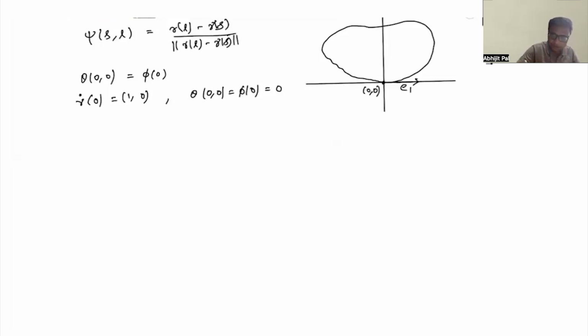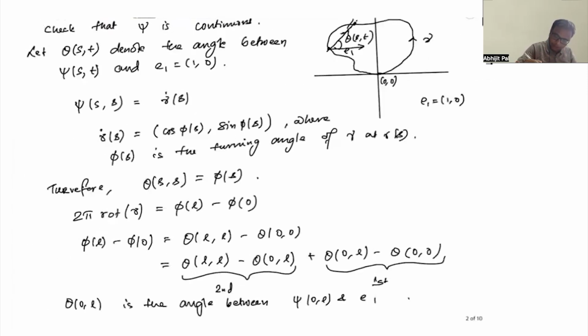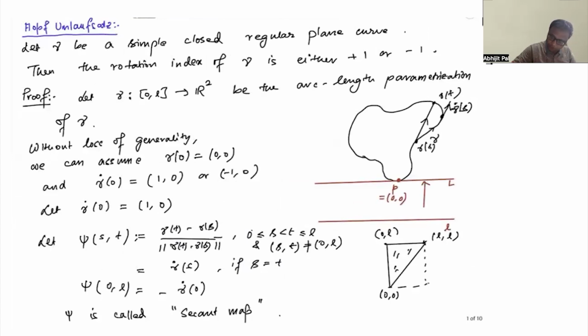Now if you go back to this picture, we are taking this line segment, and a point here, so this is my (s, L), sorry, this point is my (0, s).